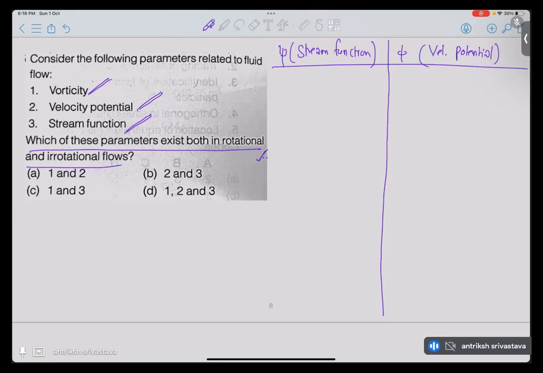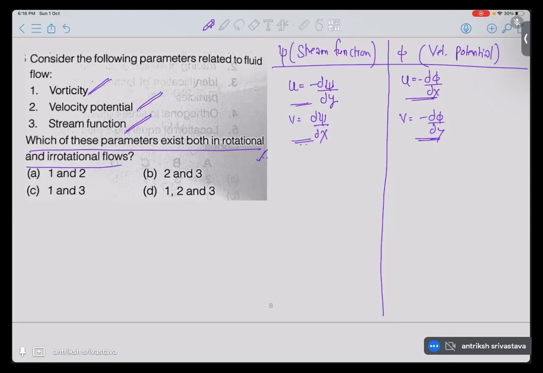So earlier we saw that the velocity can be written as this. We'll stick to 2D because that's what is most commonly asked. So earlier we have seen that we can get the velocity from both of these functions by doing the proper derivative.